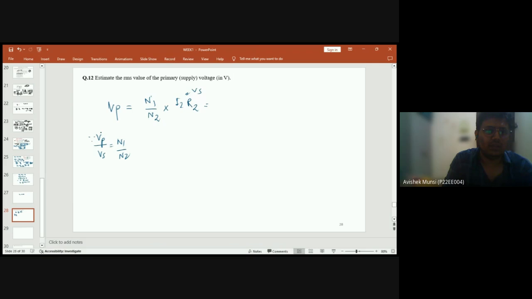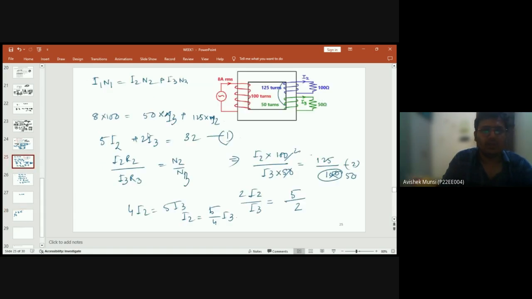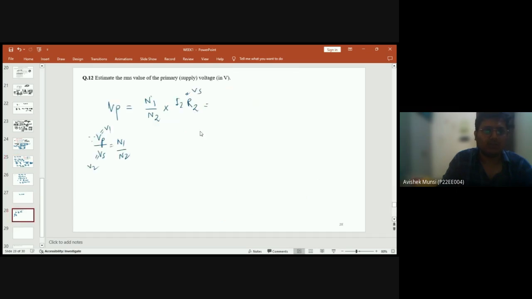You can also write it as V1 by V2. So we have N1 by N2, and in this case I2 R2 is also equal to I3 R2, right? So that's why we can also calculate it in this way, N1 by N3 into I3 R2. Any of the formulas you can put, because at the secondary side the voltage across each will be same.